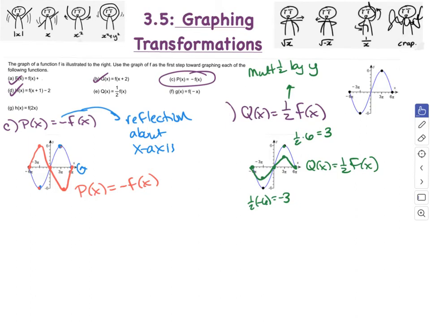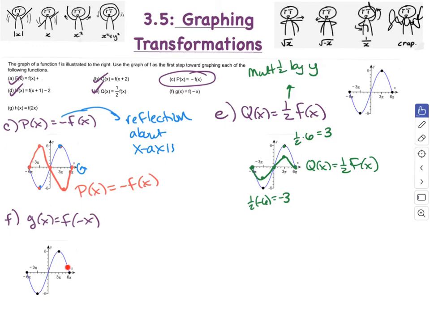Okay, let's do g of x equals little f of the quantity negative x. Now, we've discussed reflections, and this reflection with the negative is right next to the x's, so it's changing the sign of the x's.